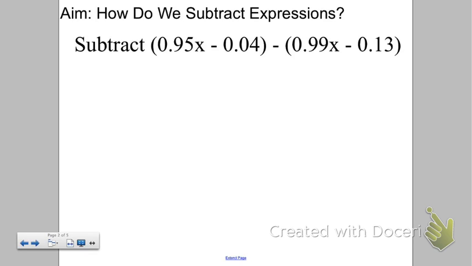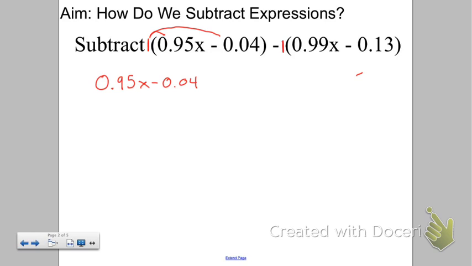So now, subtracting these expressions is the same as adding them. There's an imaginary 1 here, so I'm going to distribute that 1 to both terms inside the parentheses. I end up with 0.95x minus 0.4.